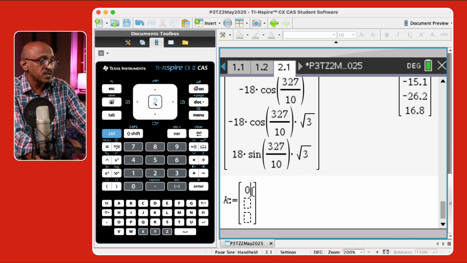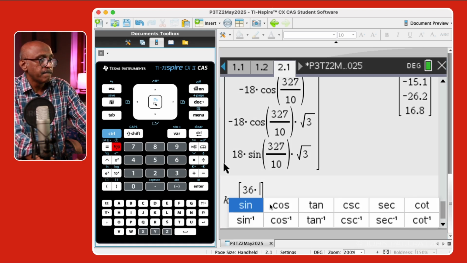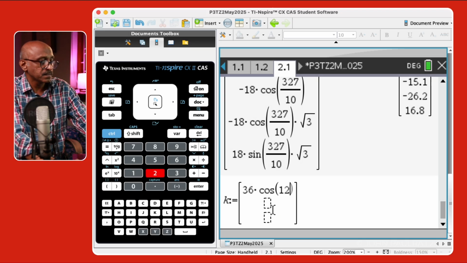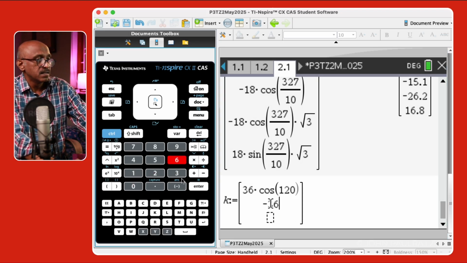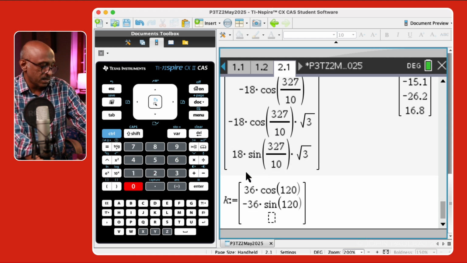Okay, so I need to enter the vector 36 times cos of 120, and then a negative 36 times sine of 120, and then 0.